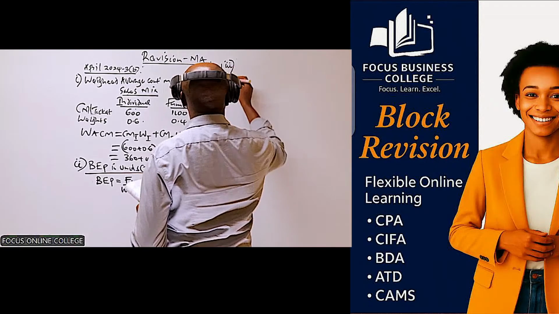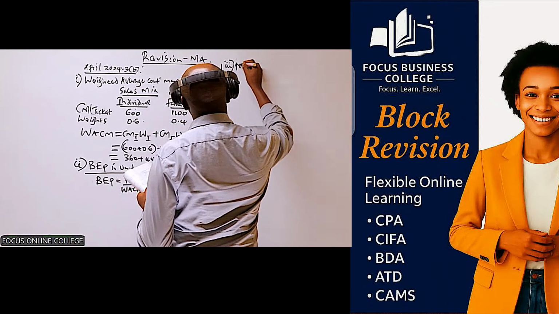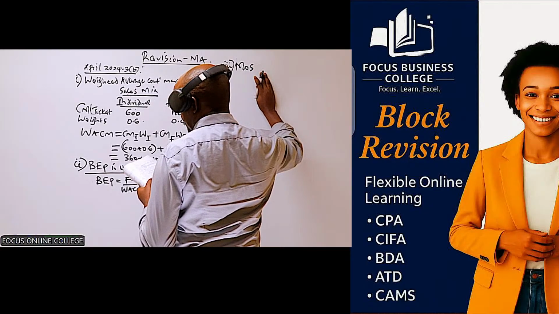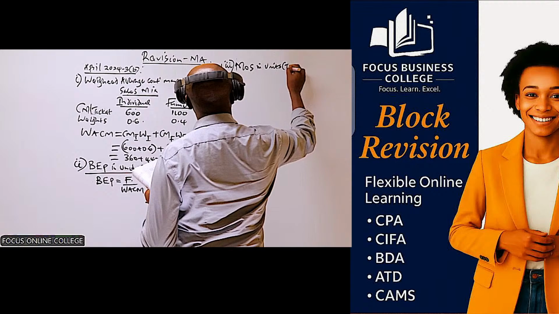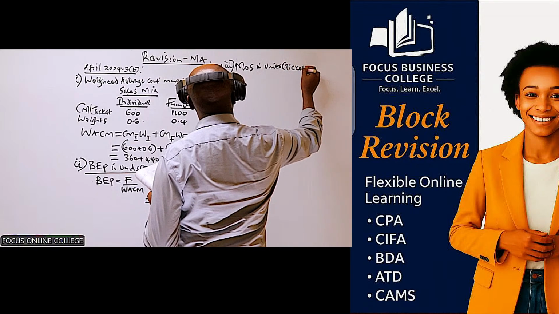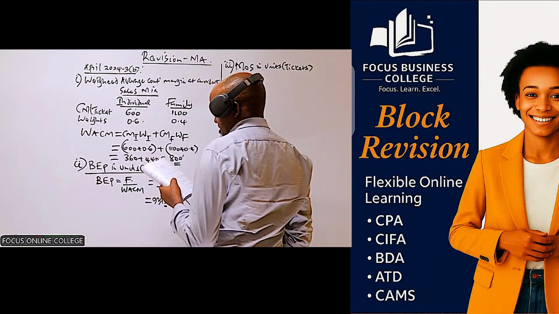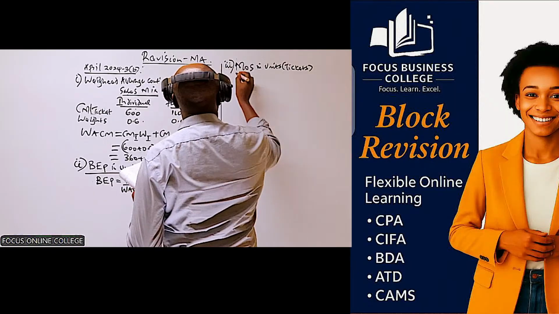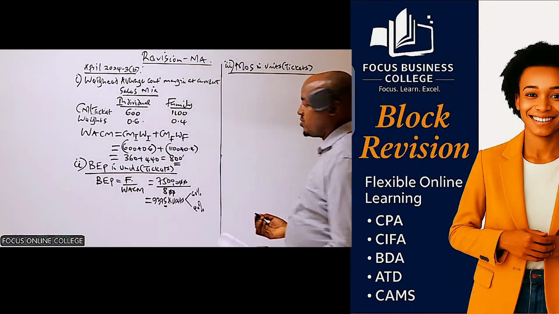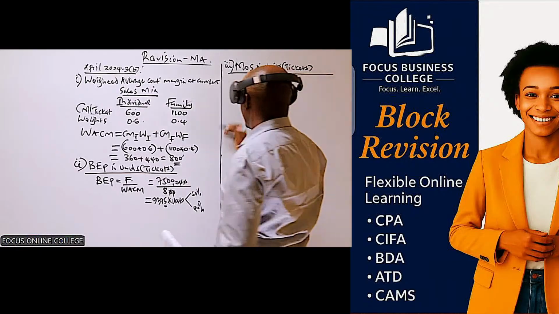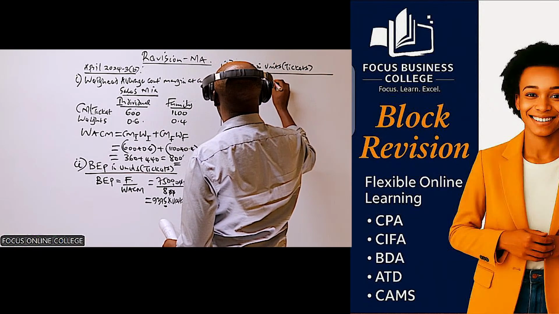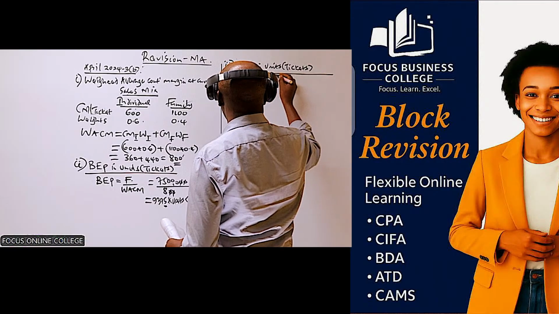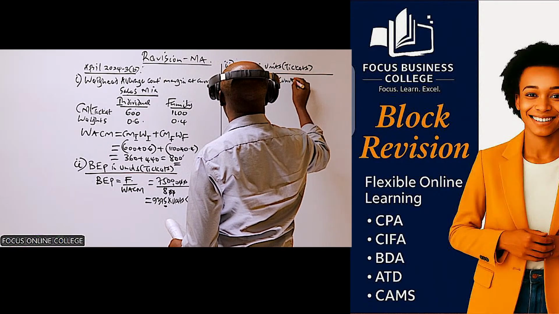So Roman 3, we are required to compute the margin of safety in units. Remember, units here are tickets. For luxury weekend county park. So margin of safety is equal to the current sales, in this case in units.